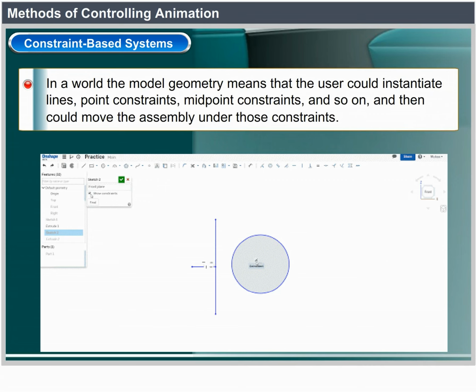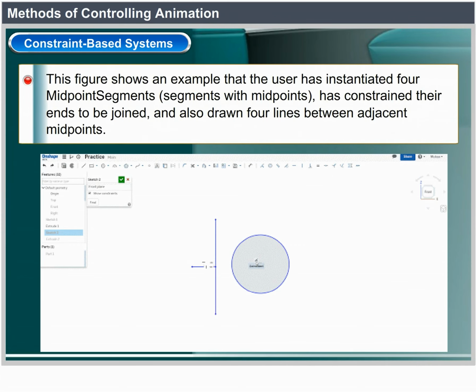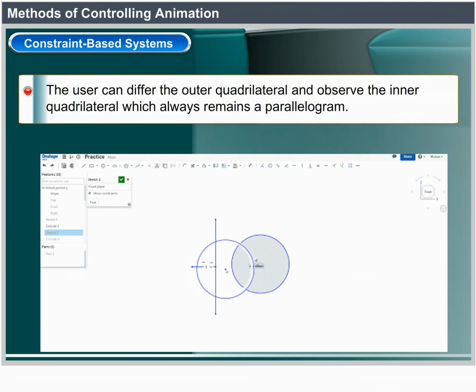In a world meant to model geometry, for instance, the user could instantiate lines, point constraints, midpoint constraints, and so on, and then could move the assembly under those constraints. This figure shows an example. The user has instantiated 4 line segments with midpoints, has constrained their ends to be joined, and has also drawn 4 lines between adjacent midpoints. The user can vary the outer quadrilateral and observe that the inner quadrilateral always remains a parallelogram.